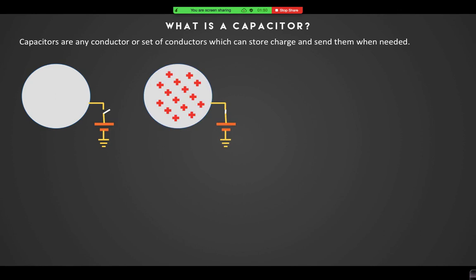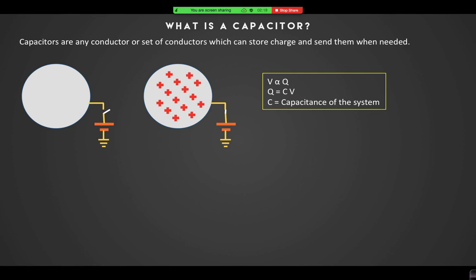For example, I have given you that if there is a metal sphere, you can charge it by connecting it with a battery, and that charge is proportional to the battery voltage, and that constant of proportionality is known as the capacitance of the system. Now the capacitance of that system only depends on the geometrical configuration of the metal and the dielectric constant of the medium.